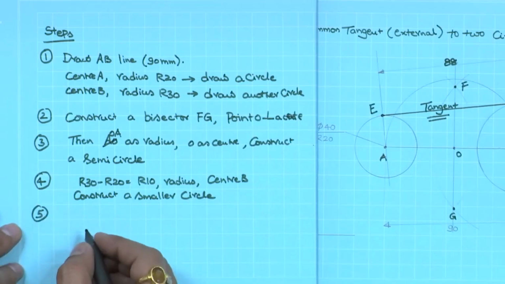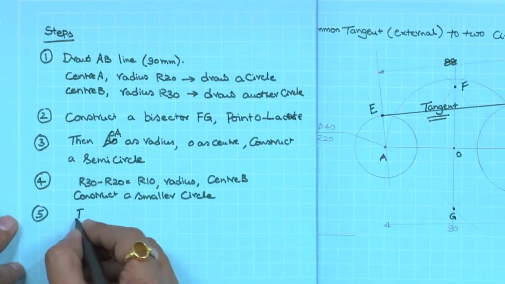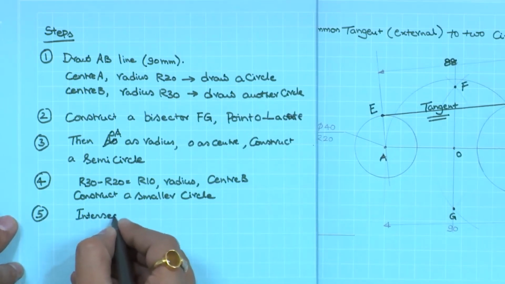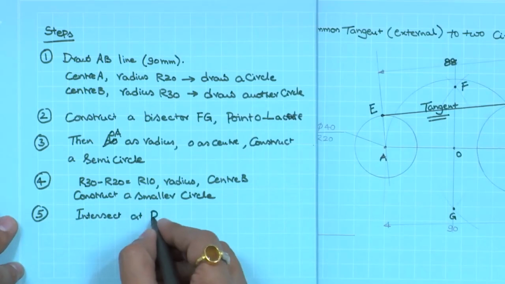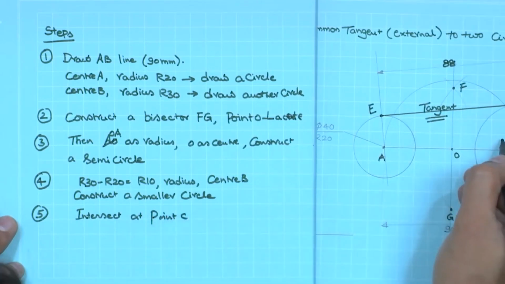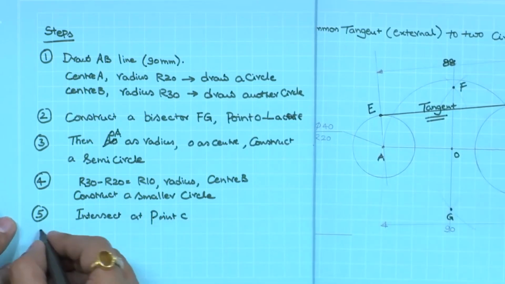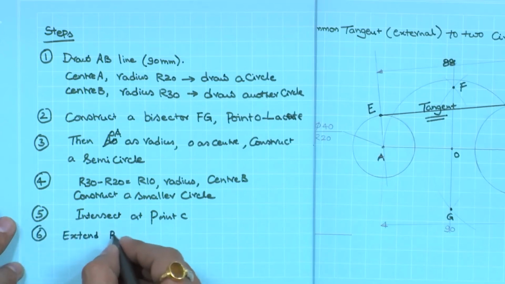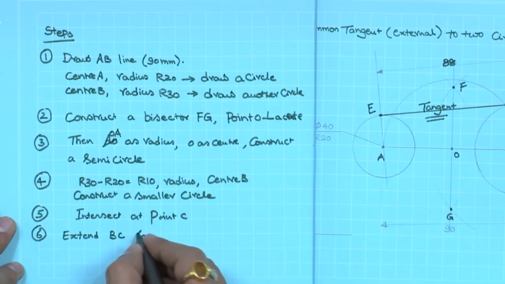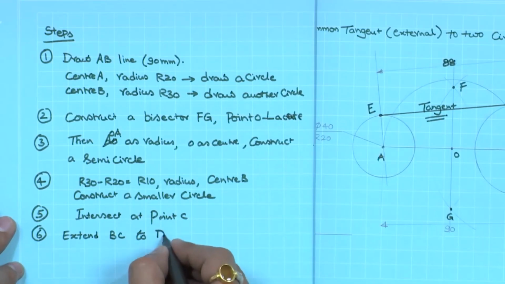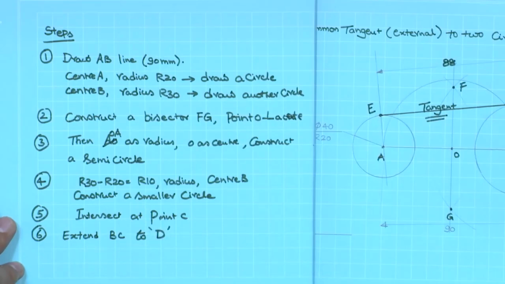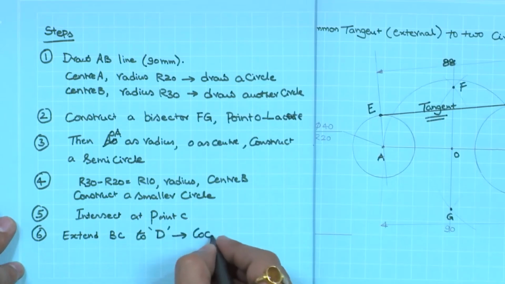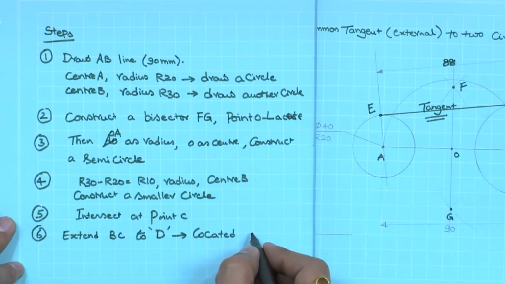Now, the small circle and the semicircle intersect at point C, that is this point. Extend BC to the larger circle to that point D. So, once this point is located, from there we are going to draw the tangent.